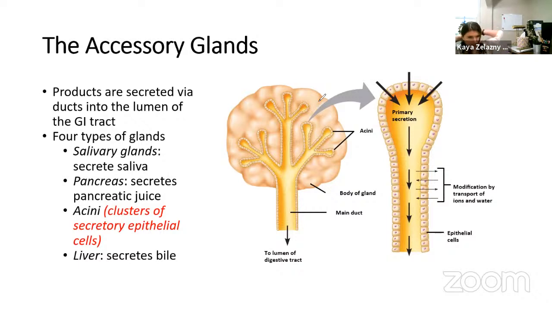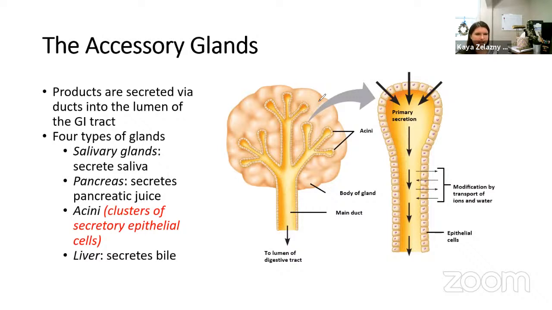So the accessory glands are going to be producing different types of enzymes and juices that allow us to digest our food, to break down our food into molecules small enough for our cells to absorb the nutrients. So we have basically 4 types of accessory glands.